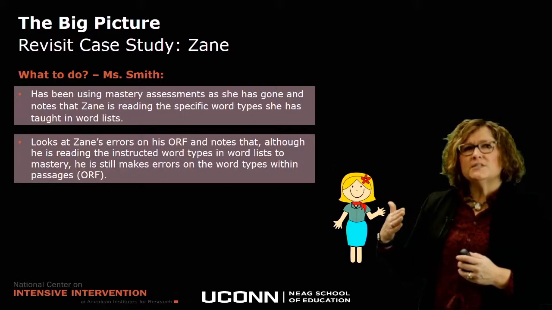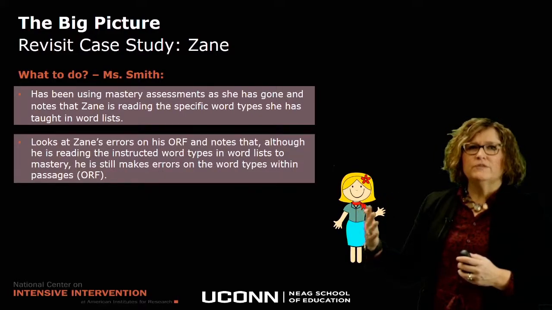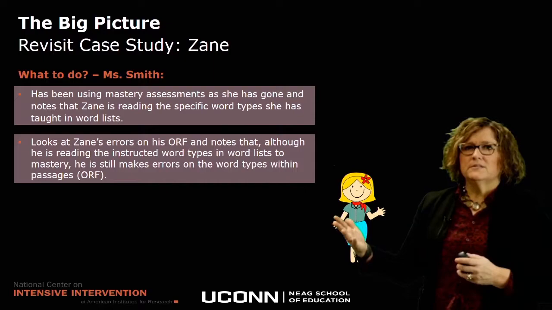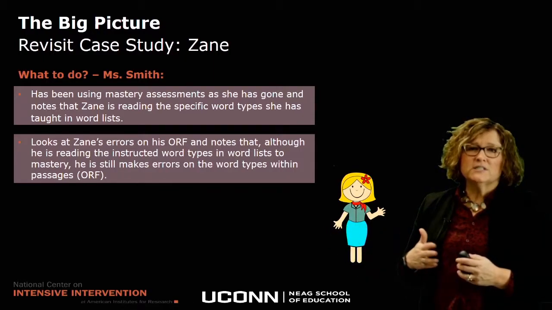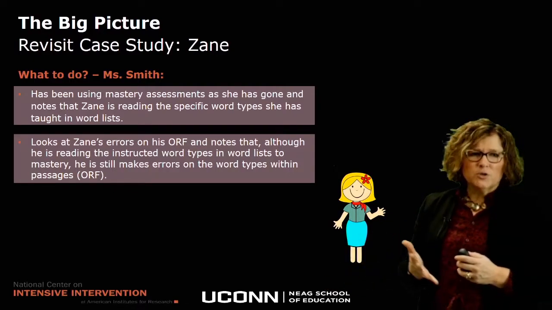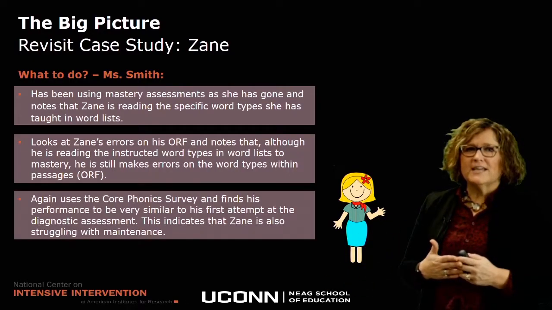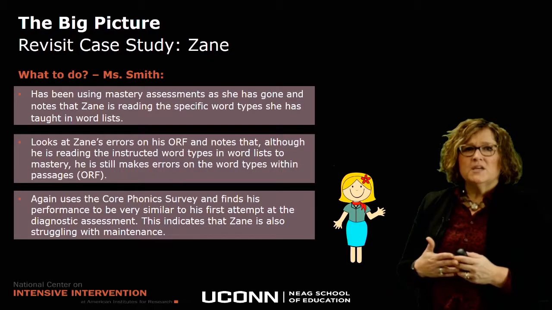So she uses information from his oral reading fluency and from the errors he's been making on his mastery assessments to really come to the decision that she needs to have more distributed practice across the day on these word types.